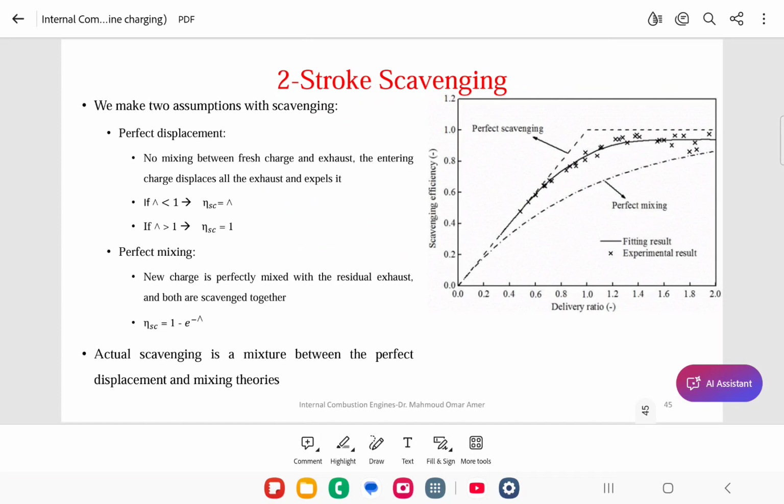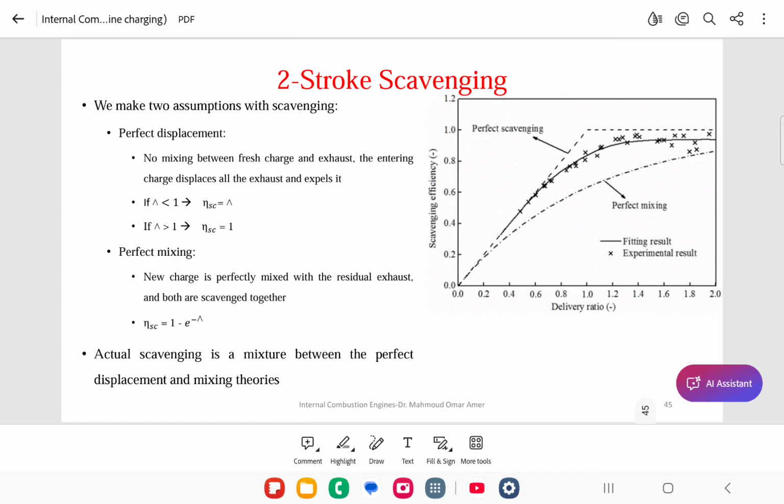Perfect displacement assumption, we consider the exhaust and the intake air or pressure charge like solids. Okay? The pressure charge enters, so it must displace, it must push all the exhaust out. You do not mix whatsoever. It's like you are pushing one brick with another.